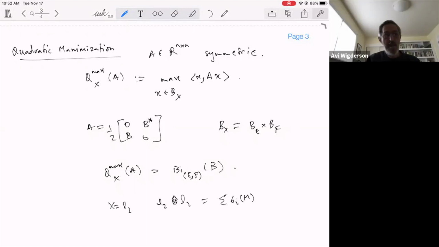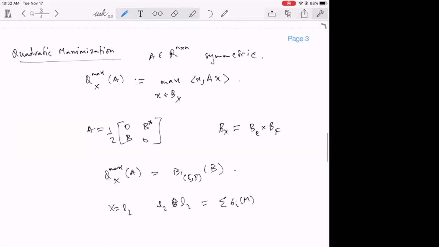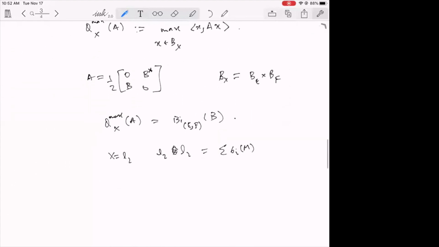So actually, it will be even clearer if you tell us why, because that will explain the definition of the tensor. Well, I actually told you why, except in more general language. So the unit ball of the nuclear norm is the set of matrices whose sum of singular values is at most one.